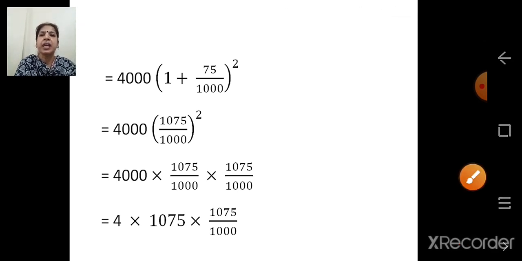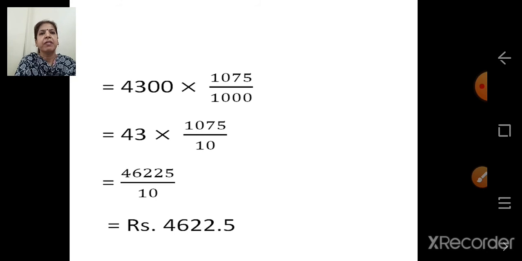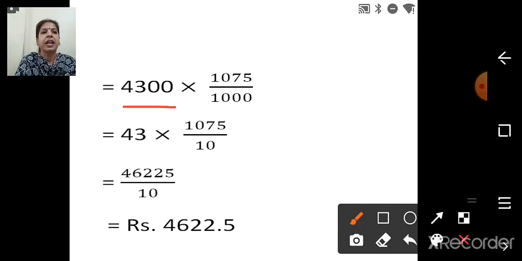Otherwise, you can solve that way also, if you are comfortable. We multiplied 4 with 1075, so you will get 4300. We have got 4300 into 1075 upon 1000.